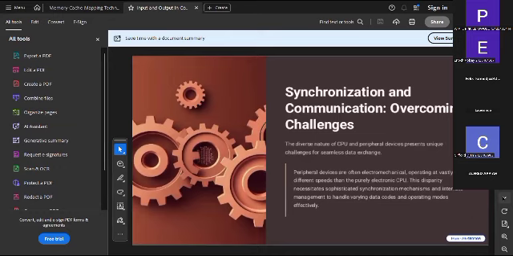Okay, from this slide, we're going to talk about synchronization and communication: overcoming challenges. It addresses a core problem in computer architecture: the vast difference between the CPU and the peripheral devices. The CPU is incredibly fast and operates purely electronically, while peripherals like keyboards, printers, and hard drives are much slower, often electromechanical, and have diverse operating characteristics.